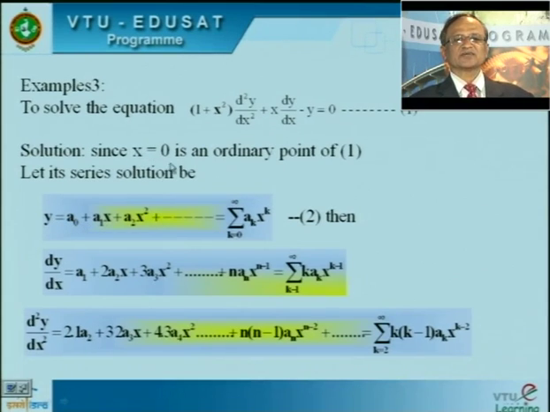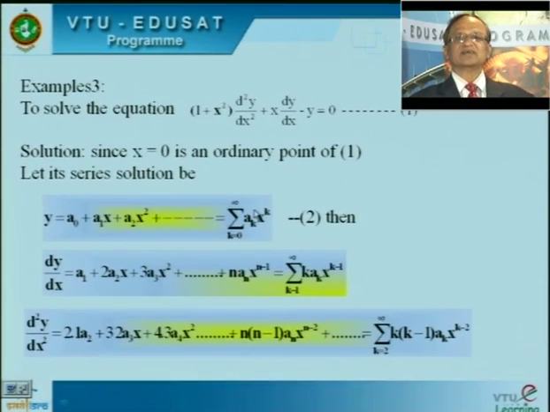Now here x is equal to 0 is an ordinary point. Right. So now I can assume the solution of this differential equation is a0 plus a1x, a2x square and so on, or you can write it in terms of summation. Is it clear? Then you can differentiate, as I have mentioned, a0 is constant, it becomes 0.